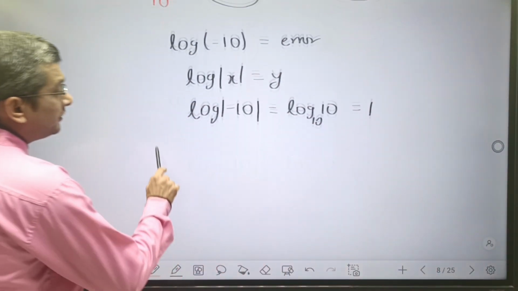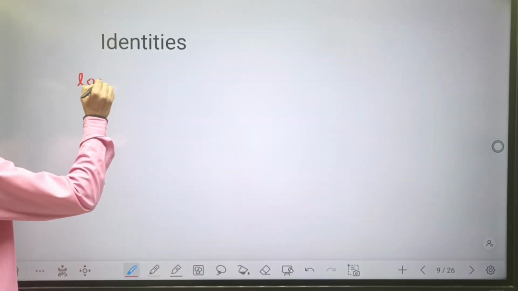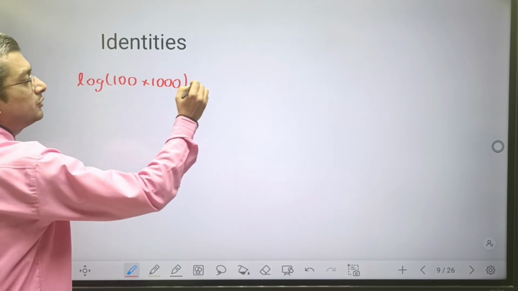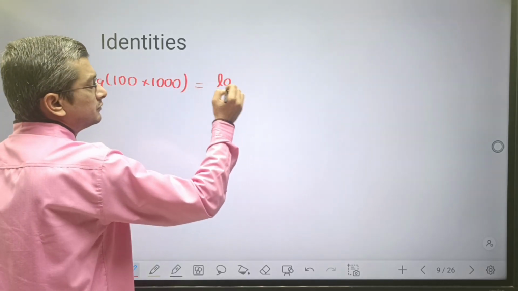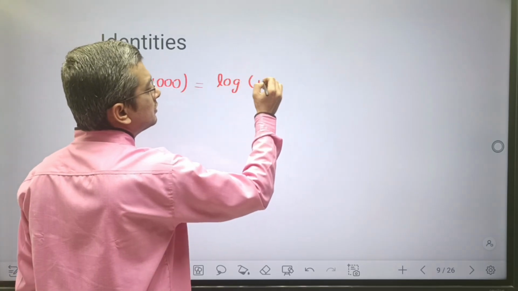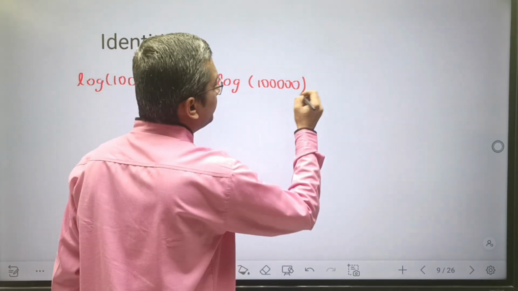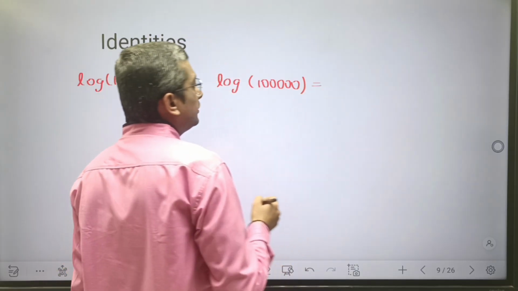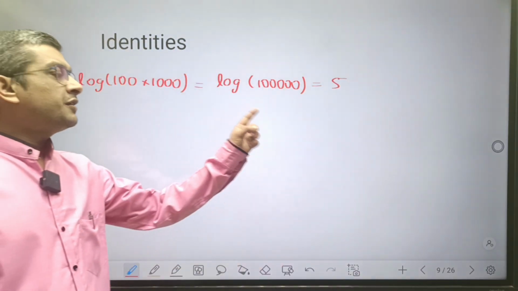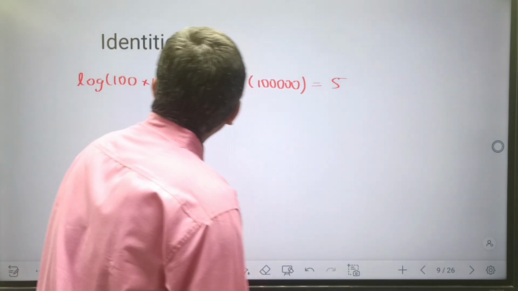Now there are some identities in this logarithm. Now suppose we have log of 100 into 1000. After multiplying we have this value, so this will be log of 100000. The answer is 5. Why is the answer 5? Because 10 raised to 5 is this value, isn't it?